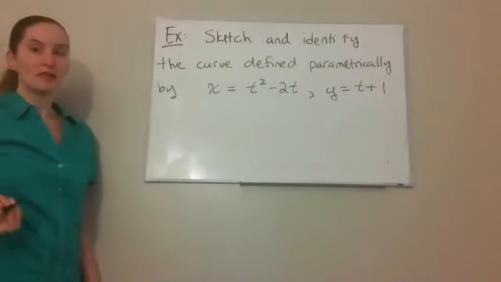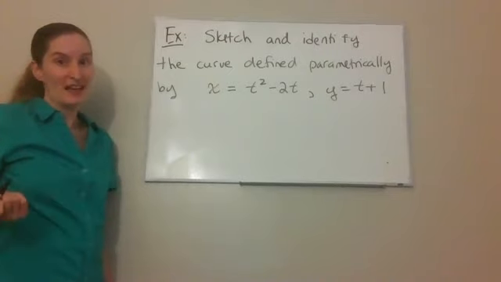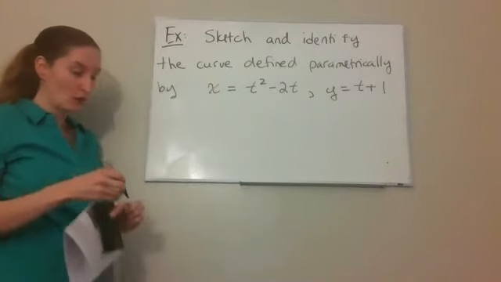So we want to pick different values for our t, see what some of these points are, plot the points, and connect, and that will give us an idea of what this curve looks like.